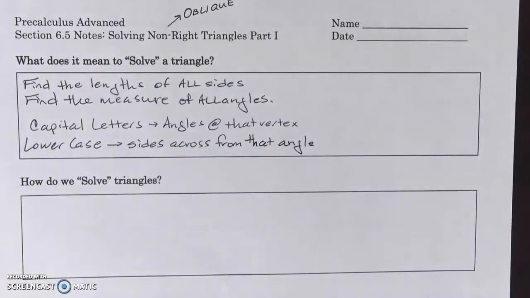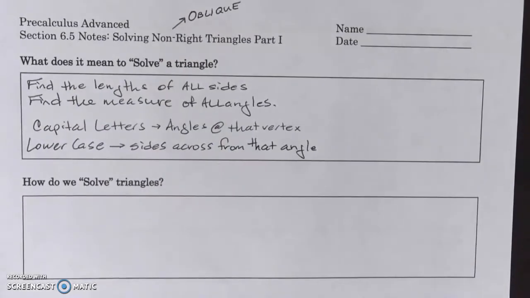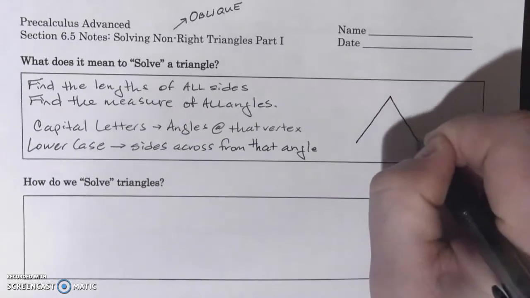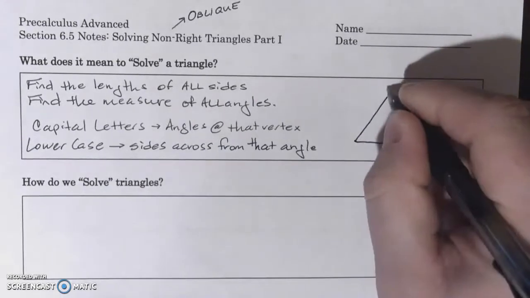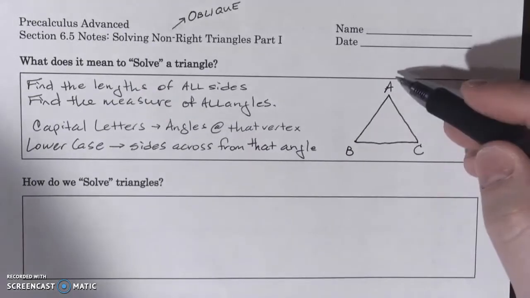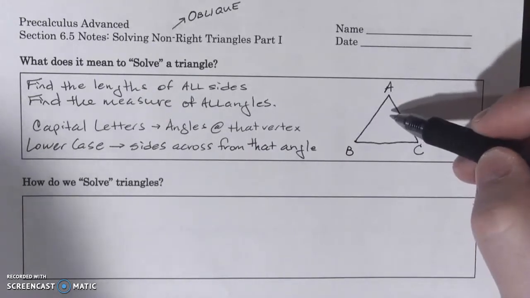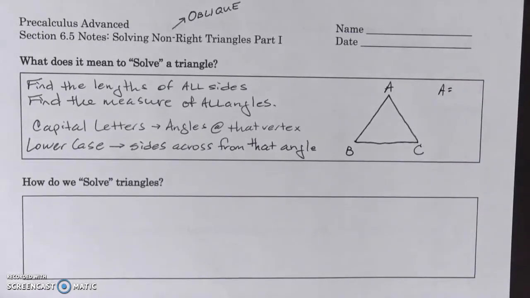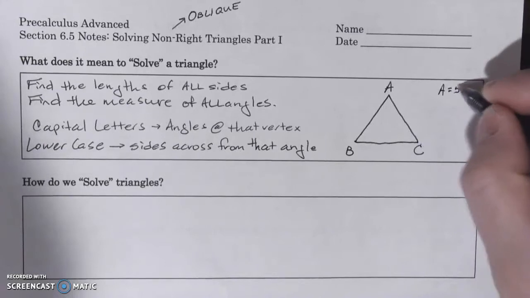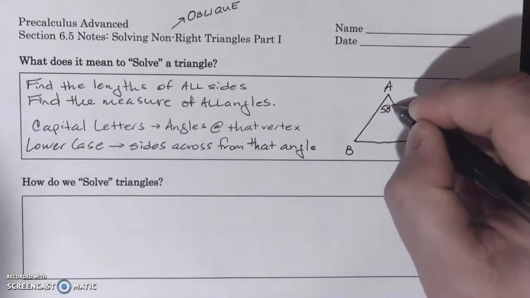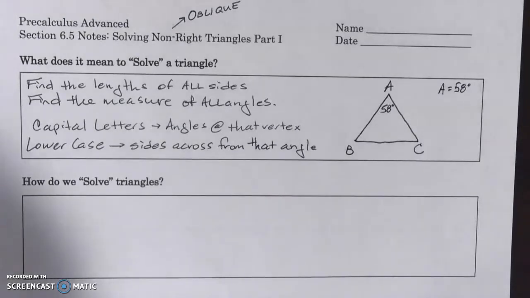So one of the most basic triangles, and especially when we define the law of sines here momentarily, is just triangle ABC. Okay? Capital letters for the points and also capital letters for the angles. If we give you A, capital A being something like 58 degrees, that would mean that angle A right here is 58 degrees.